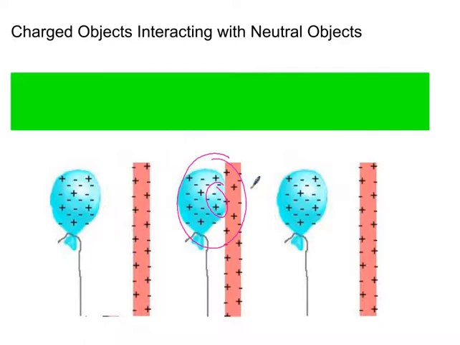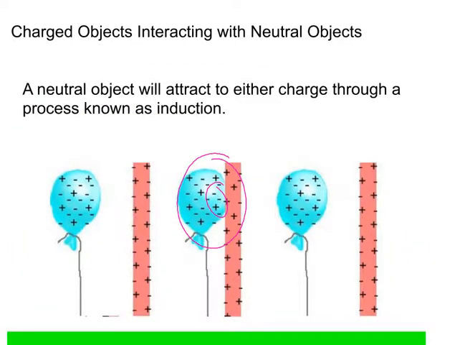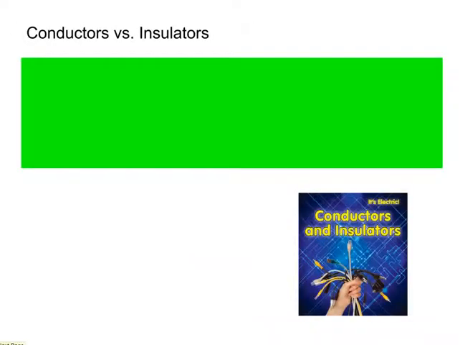They just move to the opposite side of the atoms or molecules. But that means the positives are going to be closer to the negatives, and the negatives are further away. Because distance matters, overall there's an attraction between the negatives on the surface of the balloon and the positives closer to the surface of the wall. This is known as induction, and that's how you get attraction of neutral objects. If they were truly neutral, it wouldn't work.